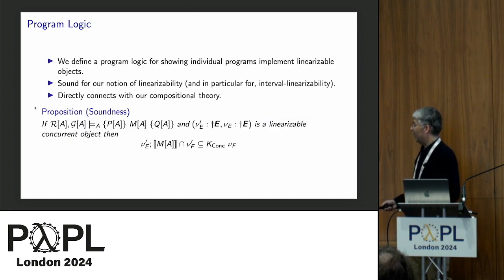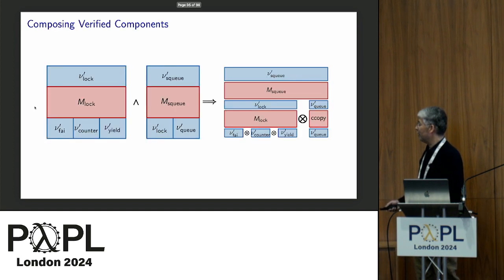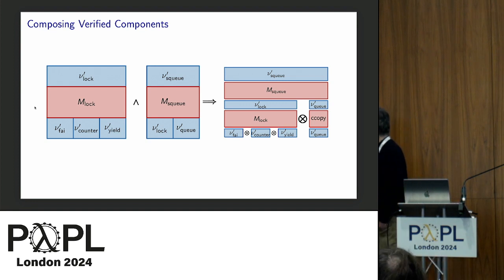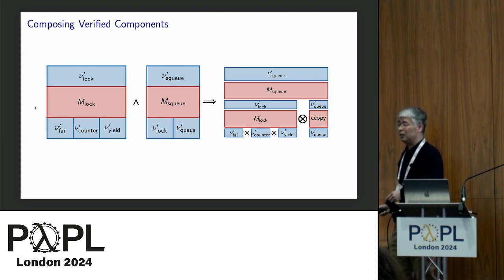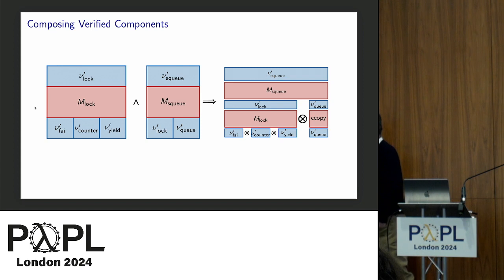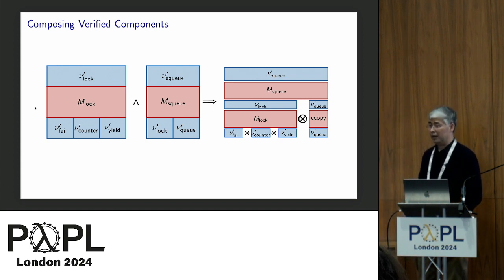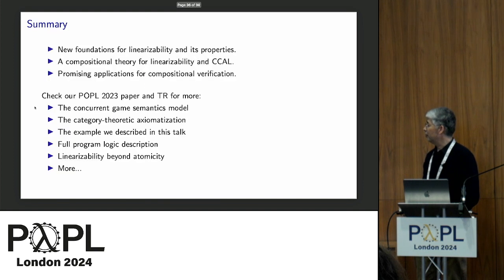So we actually defined the program logic to verify this. This is how we put these two pieces together. The sequential queue is proved, and its implementation is just the identity C copy. So I can do the locality, I can do the vertical composition, and I can show this example completely using our formalism.